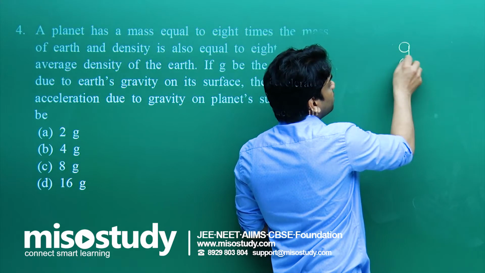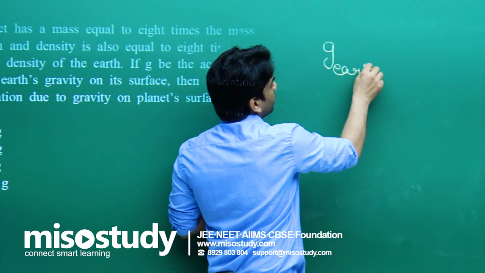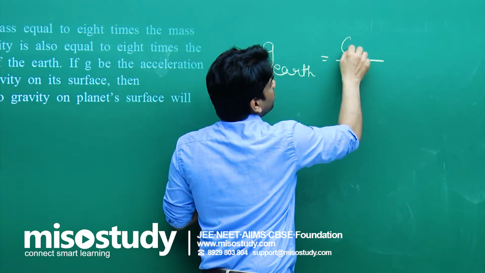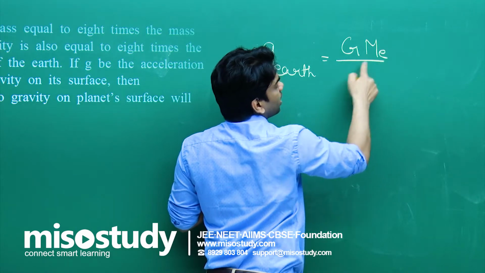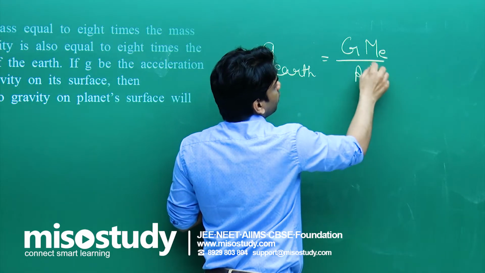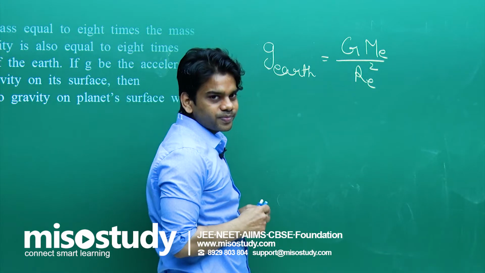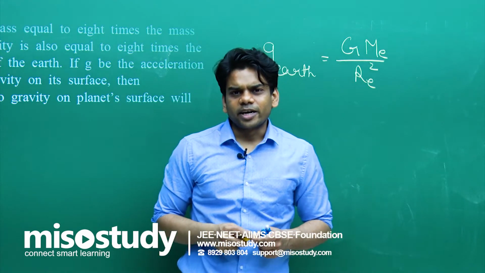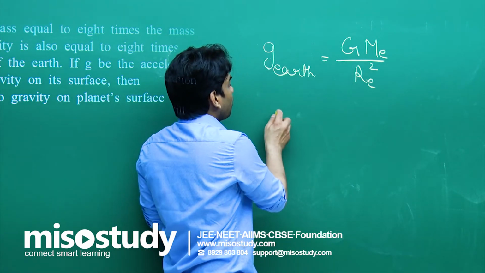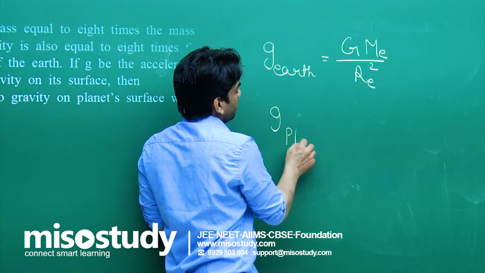First of all, we know that g on Earth is equal to G mass of Earth, if I mark it with E, upon radius of Earth whole square. This is what we know. Now for planet, what will we have?